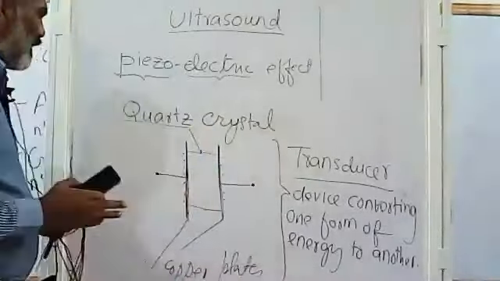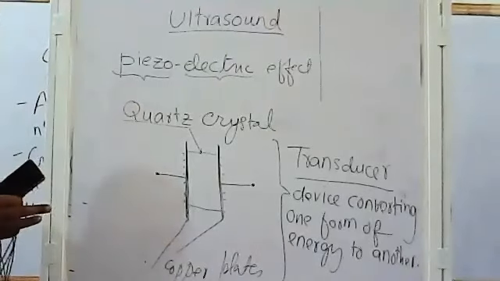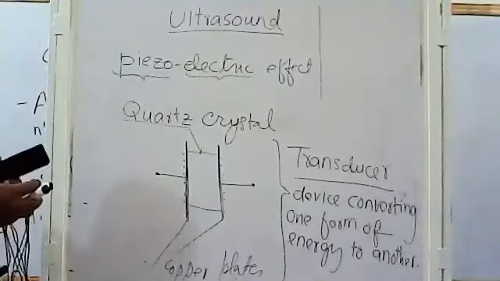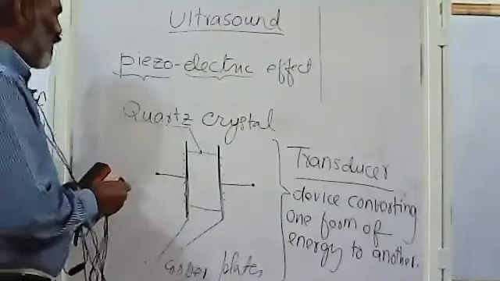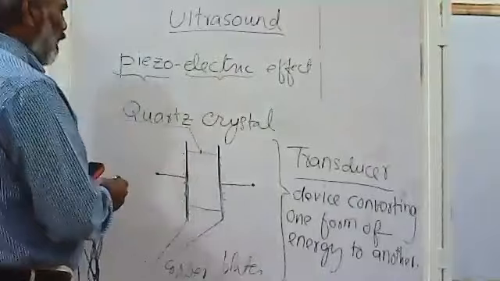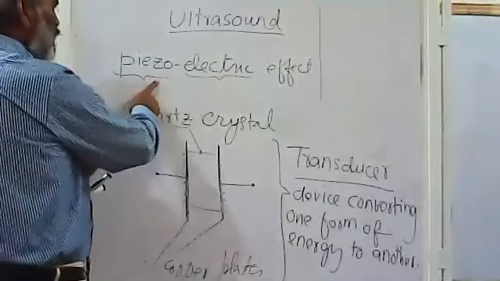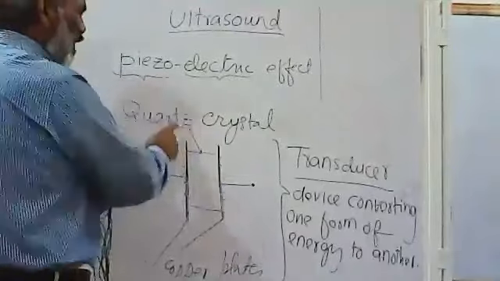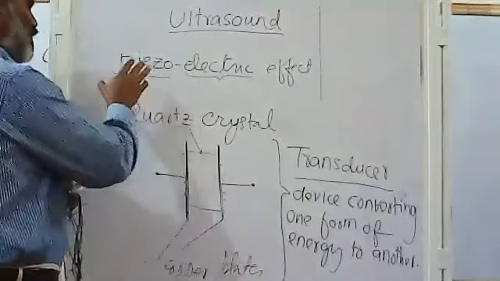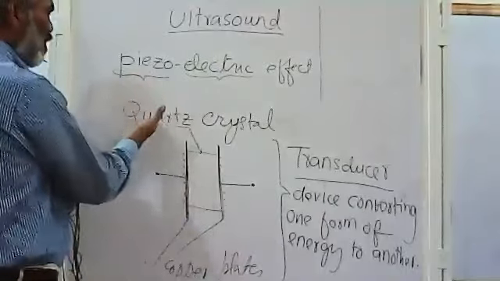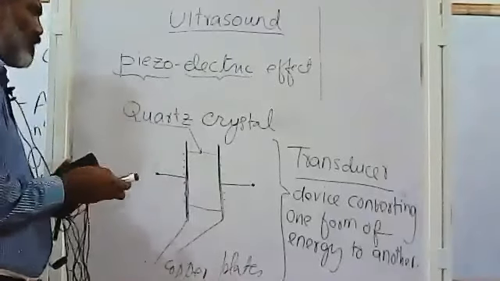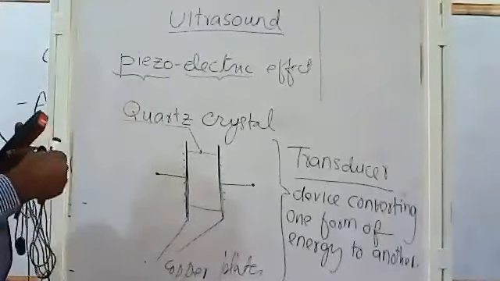So there are three things at least we have understood so far. We have understood that in order to create a voltage signal from a mechanical signal, the piezoelectric effect must be produced. In order to produce the piezoelectric effect, we must have a suitable crystal, and it is not possible to produce such an effect in just anything.